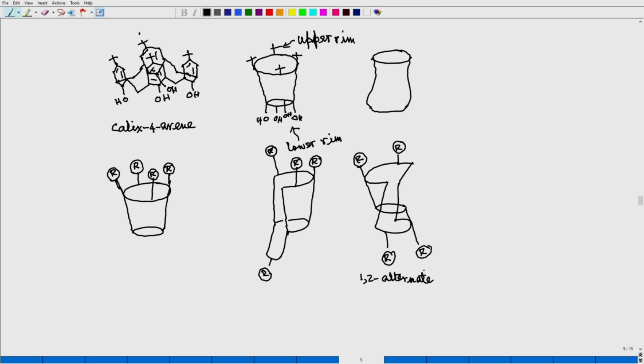And then I will write 1-3 alternate also. Let us see whether I could do it properly. Does not look very nice, does it? Let me write it. Okay, all right. Just try to make it better. Okay. Sort of this. Let me write now.